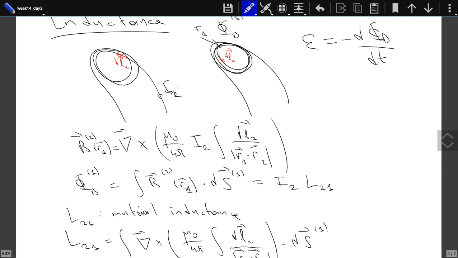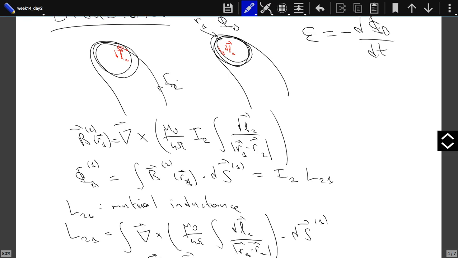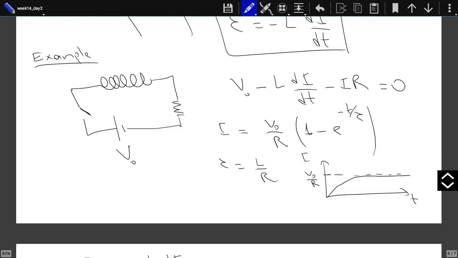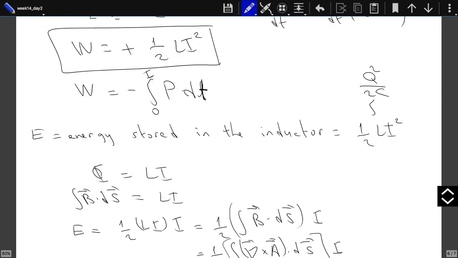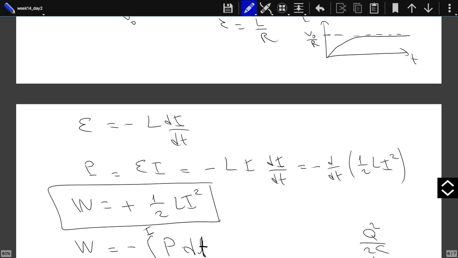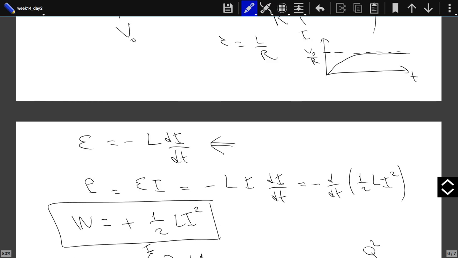By letting phi B1 be equal to some constant times I2, this we can always say in magnetostatics. This will always be true. But later on we put this in the expression of Ampere's law, and we are talking about time derivatives. So the current is changing.